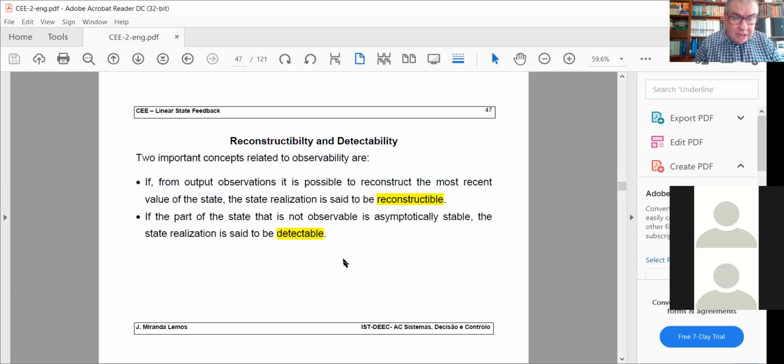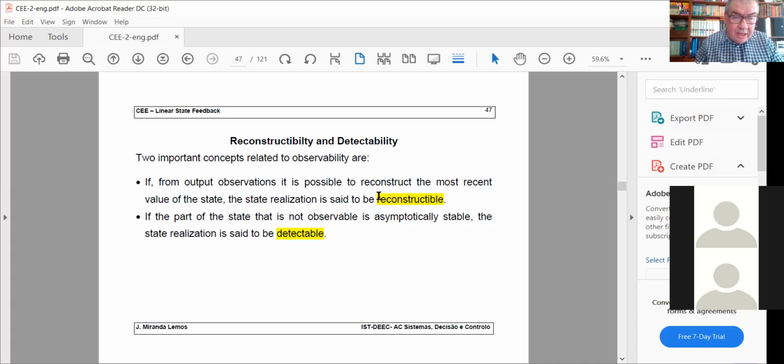Okay, so we say that a state realization (A, C) is observable if you observe the output for a finite period of time and you recover the initial condition. If you are able to reconstruct the final state x(t), then you say that the realization is reconstructible. You can reconstruct x(t). Okay.